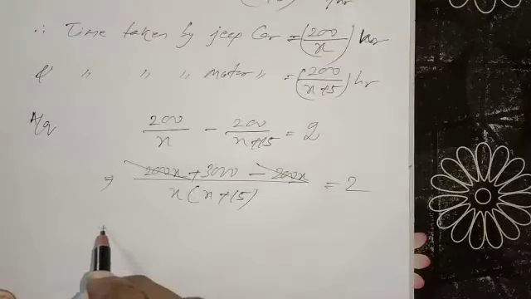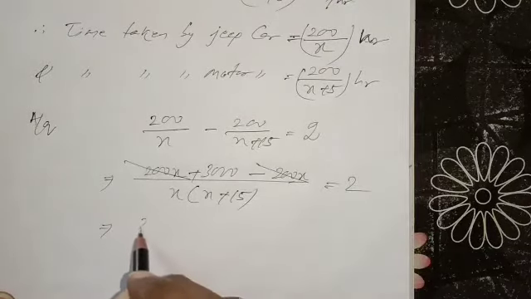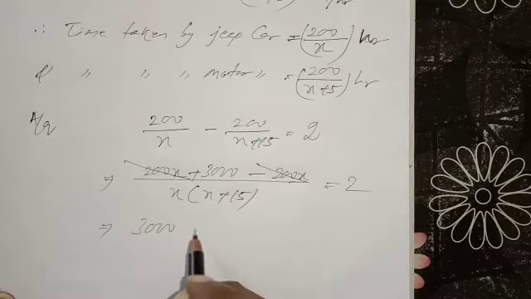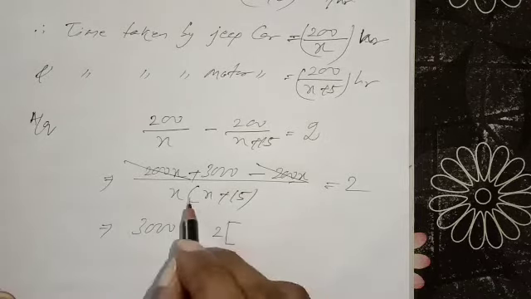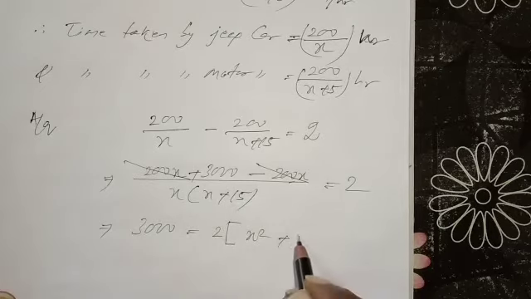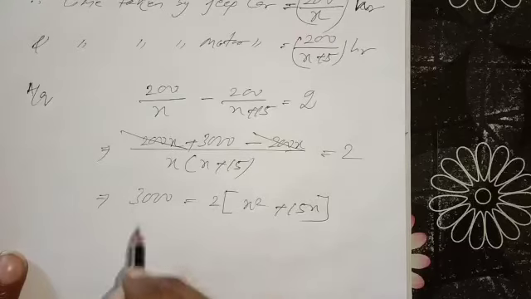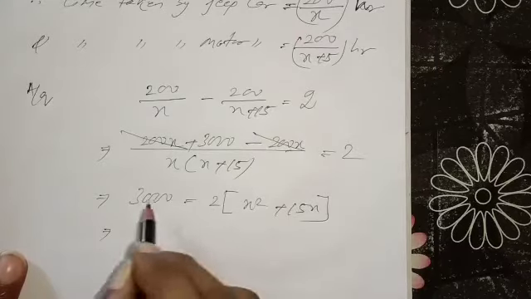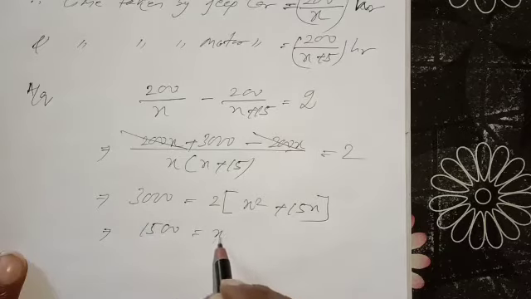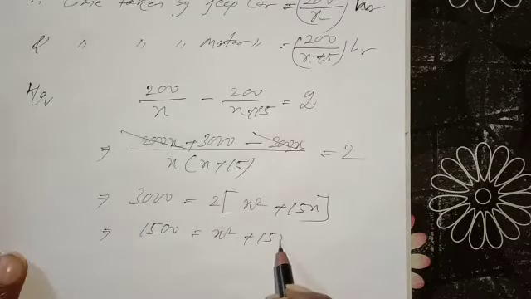What is left? 3000 equal to 2 multiplied by x square plus 15x. After that, this 2 divided here becomes 1500. 1500 equals x square plus 15x.